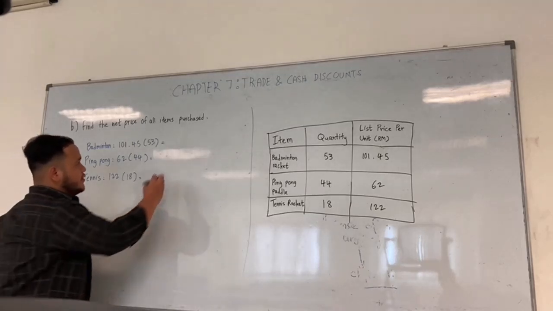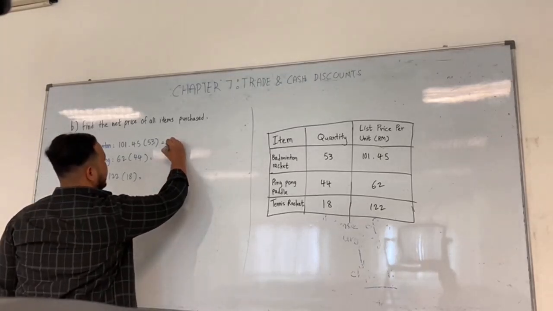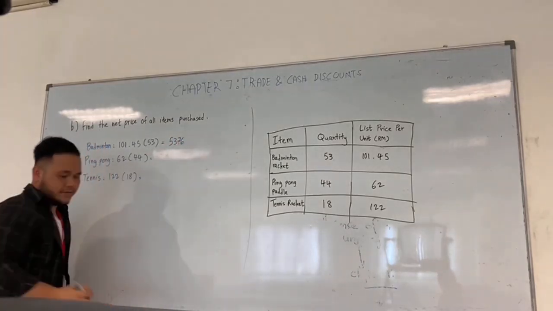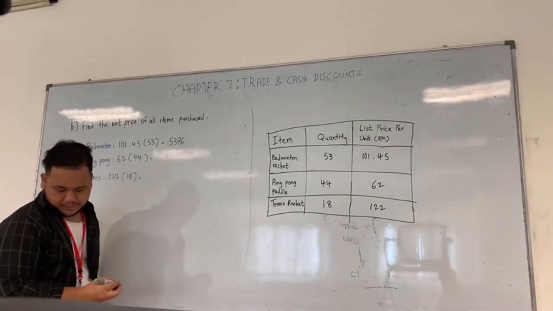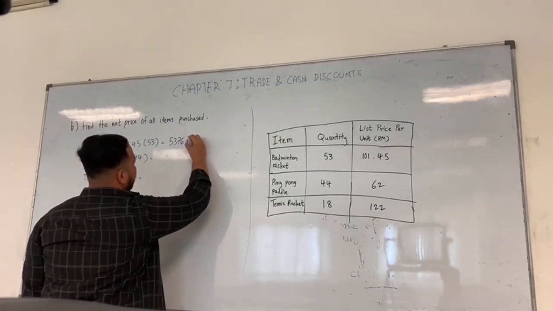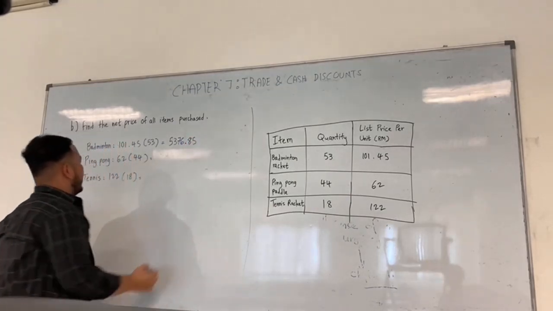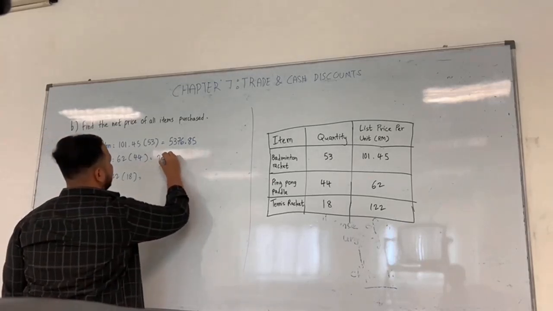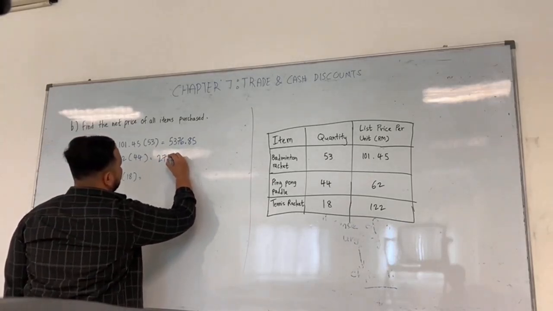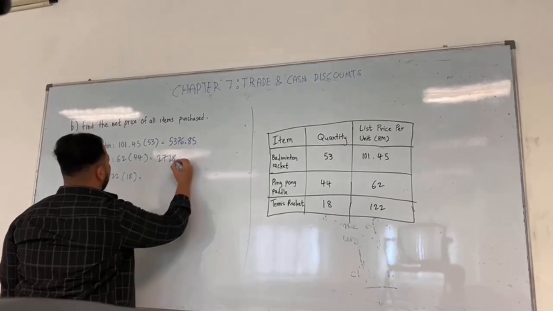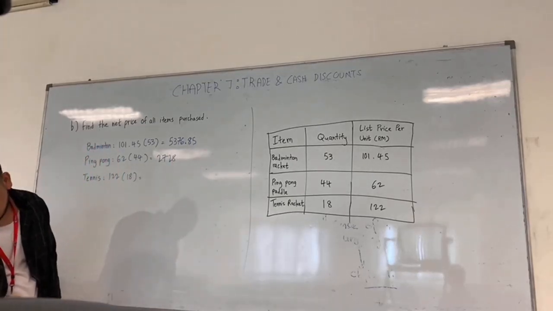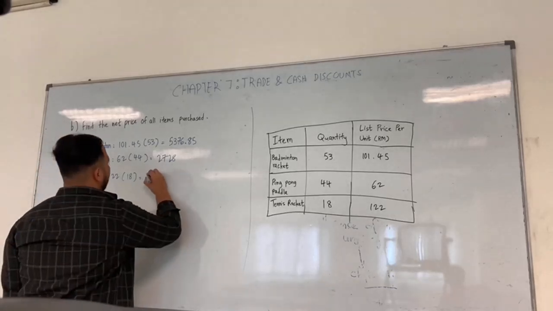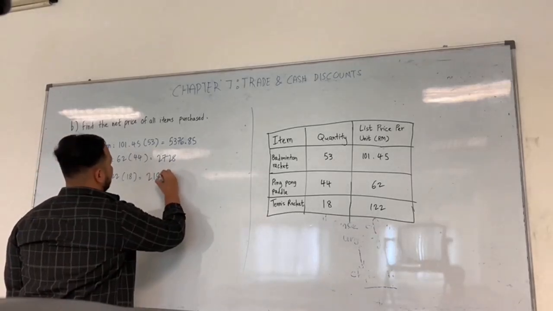Okay, for badminton, we get 376.85. And for ping pong, we get 2,738. And for tennis, we get 2,196.